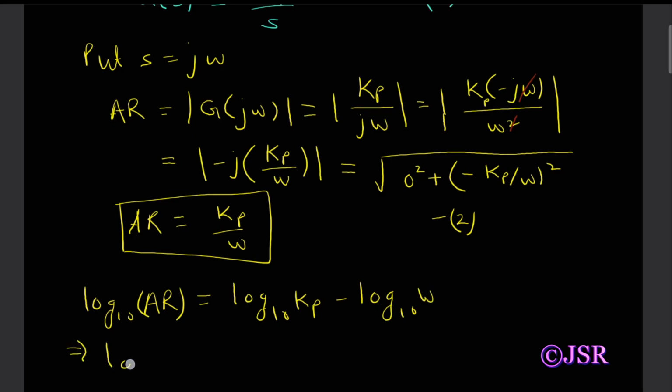So here log 10 of amplitude ratio by Kp will be equal to minus log 10 of omega.